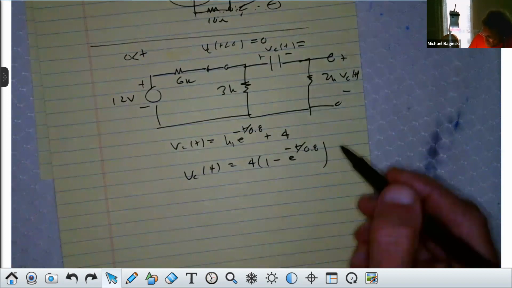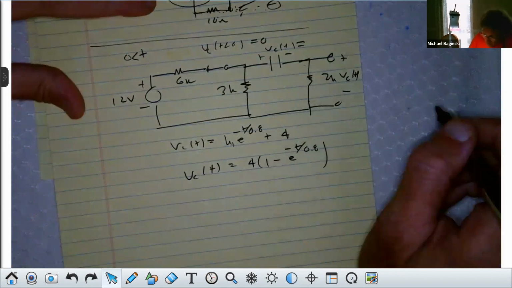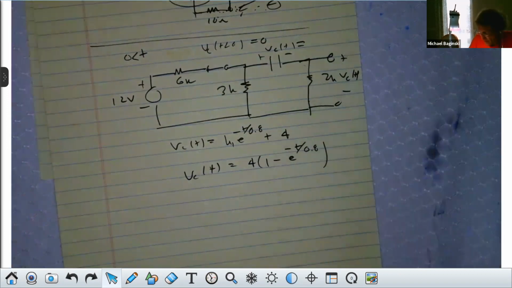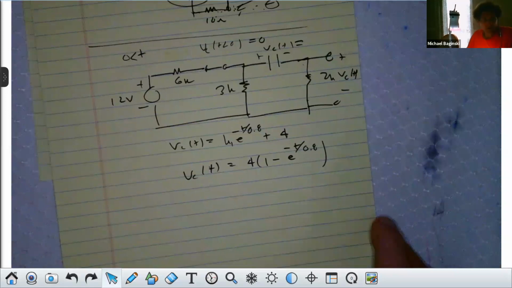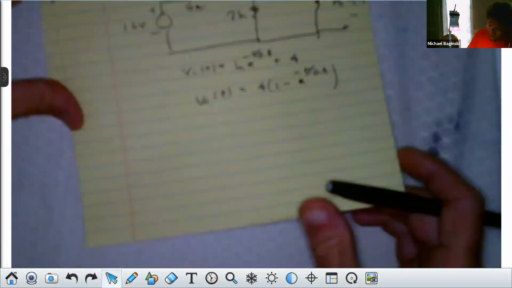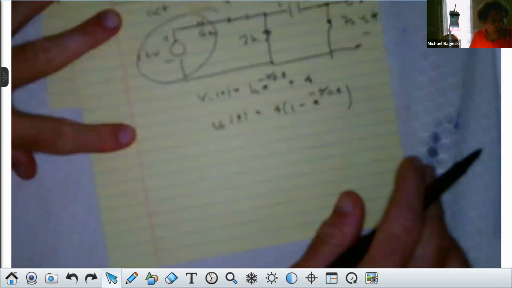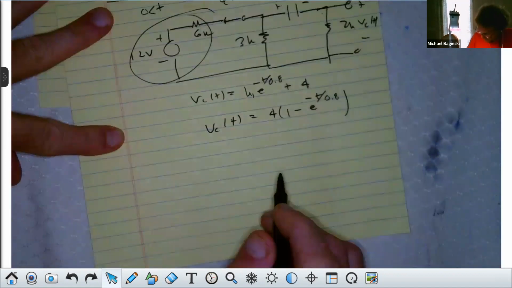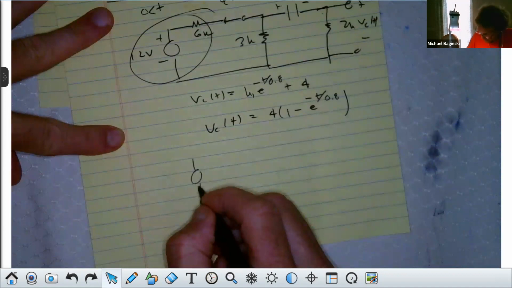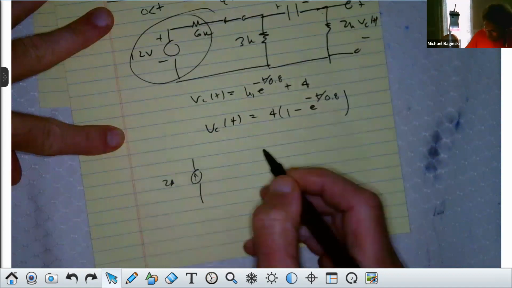So what I need is, I need to go ahead, and you can do this several ways. I like source transforms, you know that, right? Just keep watching. If we do a source transform on this, I would get 12 by 6, or that would be 2 amps, right? Now, you don't have to do it this way. If you want to do it nodal, we can do it with nodal.